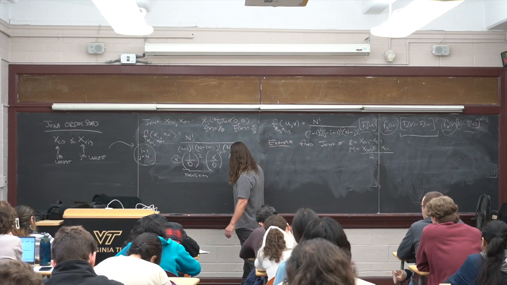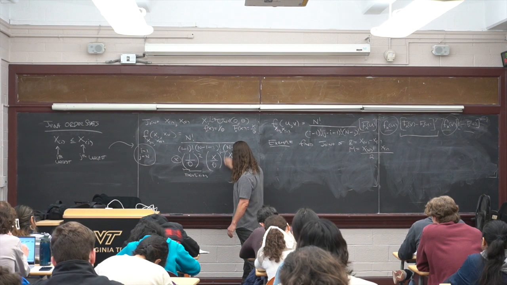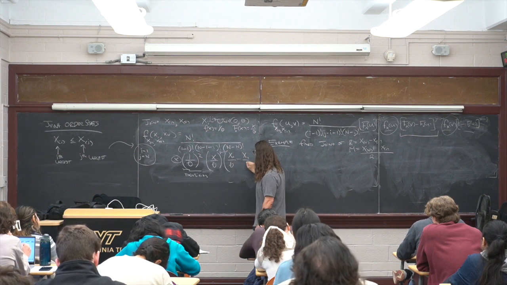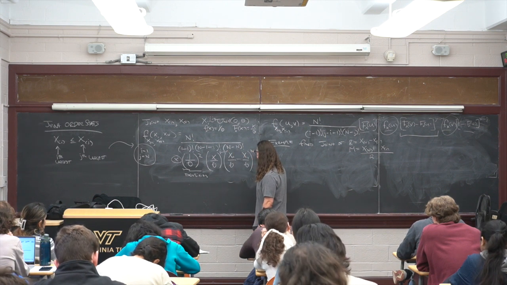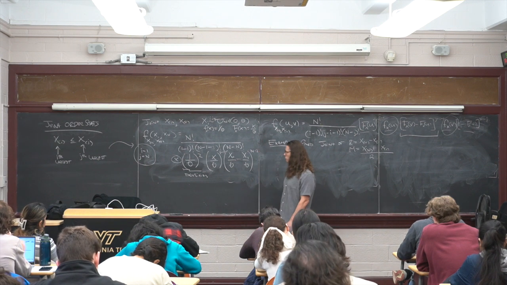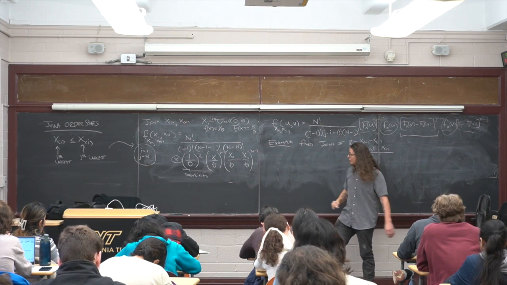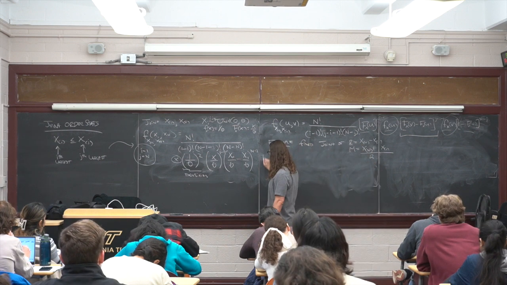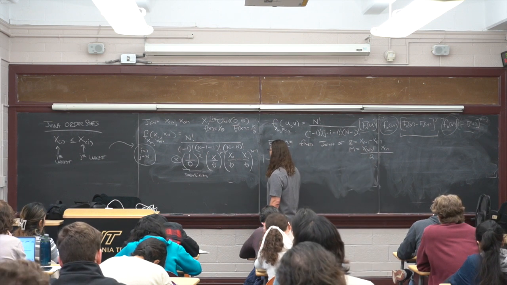I've got xn over theta minus x1 over theta, raised to n minus 1 minus 1. I'll just speed things up and call that n minus 2. And then I've got this other thing that goes away as well.